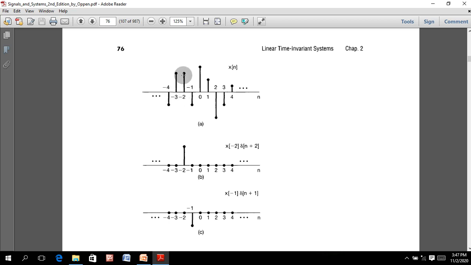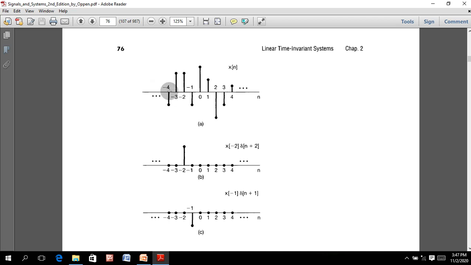We didn't quantize the amplitude, so it is not a digital system, it is a discrete time system. A digital signal can only be realized by quantizing the amplitude of that specific integer value.